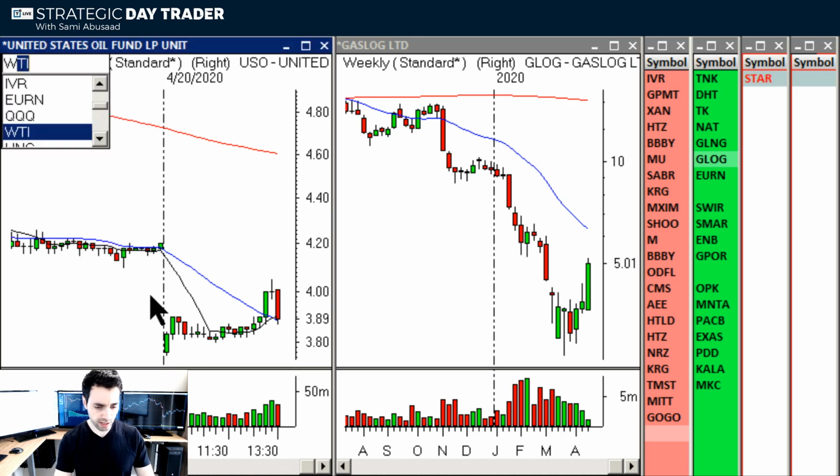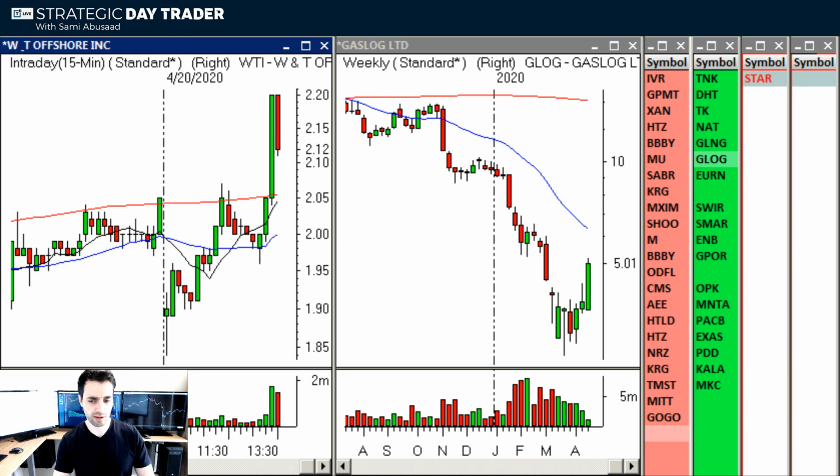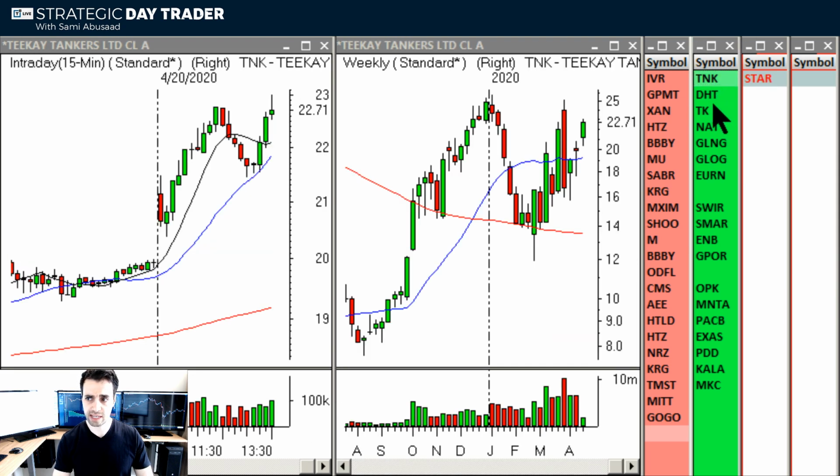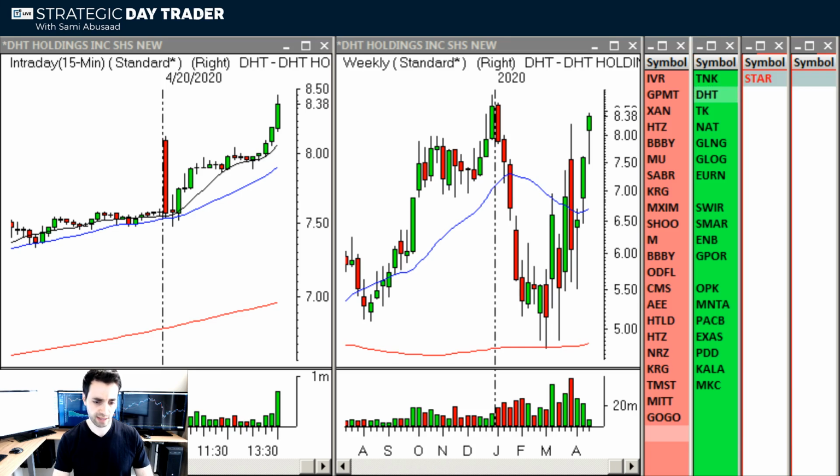WTI worked, but I didn't manage to hold on to it. I don't know if I made a penny or two on it, but that's about it. I was looking at the shippers to see if the DHT namely goes climax, because the DHT looks the most extended.